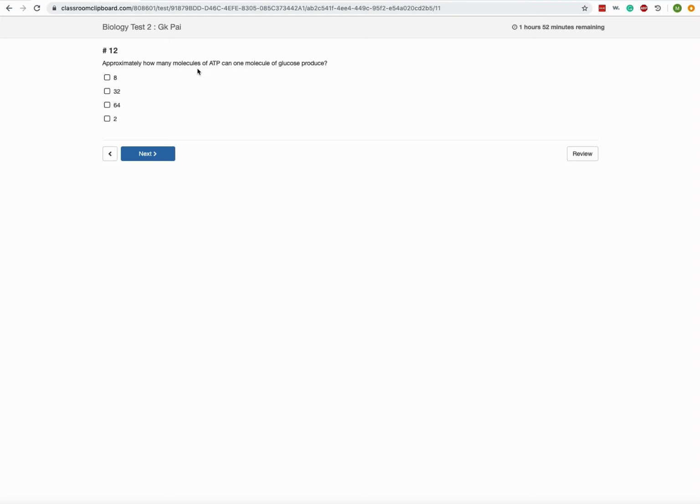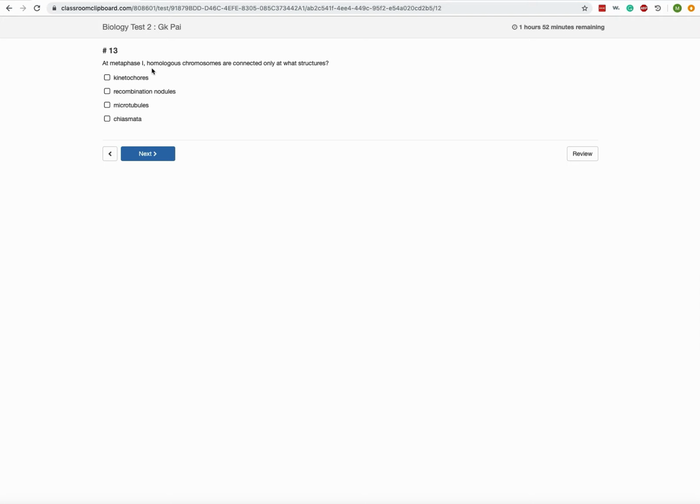Approximately how many molecules of ATP can one molecule of glucose produce? That's just 32. Glucose can make 32 ATP through the process of cellular respiration.